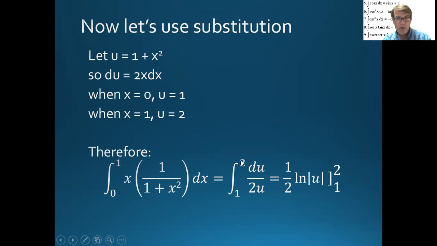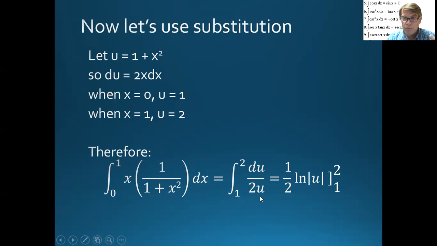So the integral from 1 to 2 of du over 2u is going to be the same as this. I've taken 1 plus x squared, substituted u, and converted this equation to du over 2u.